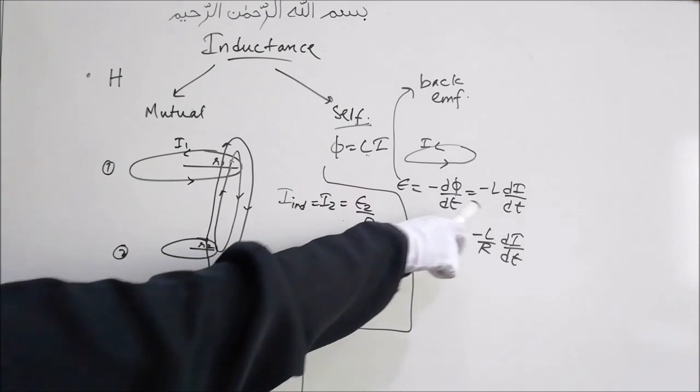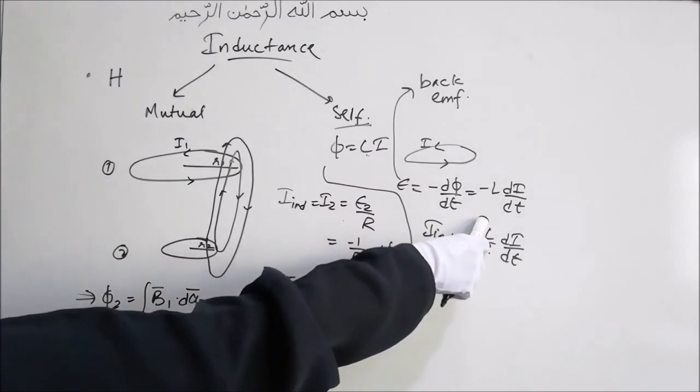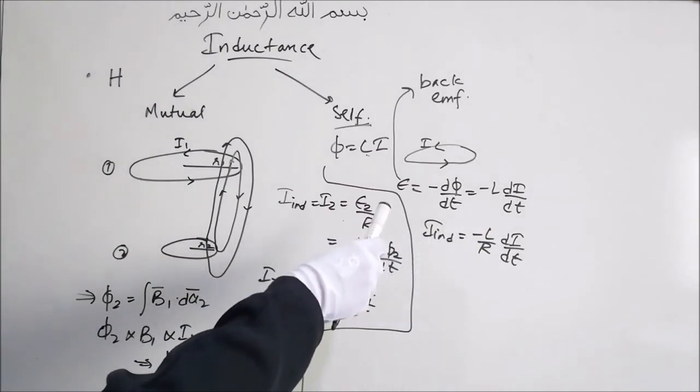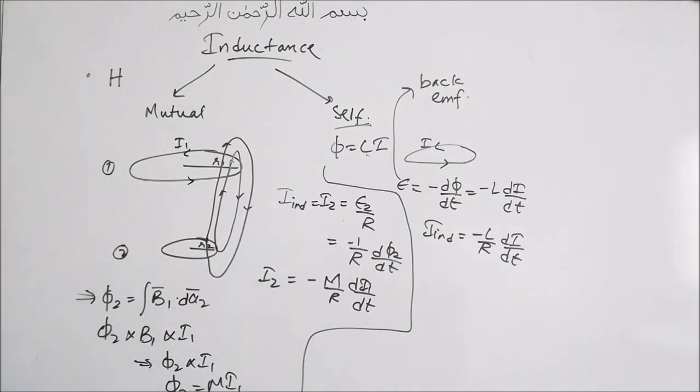This L is also a geometrical quantity which depends on the size and shape of the loop. Also, if L is large, then it is more difficult to change the current. And the energy stored in an inductor is given by U equals half L i squared.